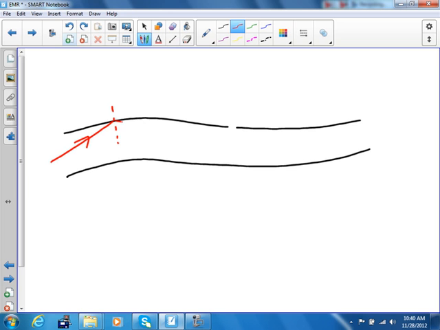It's going to reflect. Well, then it's going to reflect down and it's going to hit the other side. If it exceeds the critical angle, then it's going to reflect again. So you get this ray of light that is constantly, nonstop, reflecting off of the boundary between the glass and the air with no signal loss.